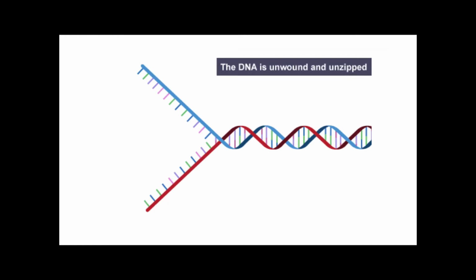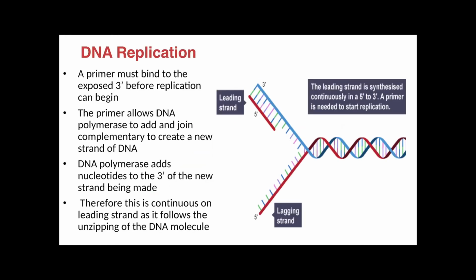So let's look at the leading strand first of all, because that's the easy one to understand. We've exposed the bases, there's an exposed 3 end there, so our primer attaches to that 3 end. The primer is important as it allows the DNA polymerase to then start adding and joining together these complementary free nucleotides, and this creates a new strand of DNA.